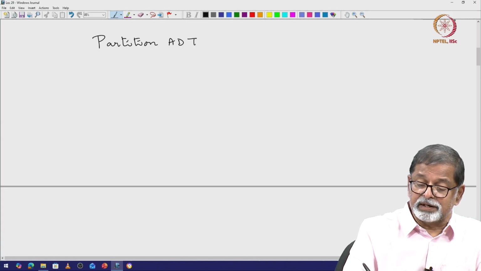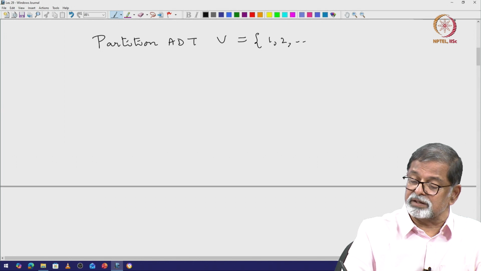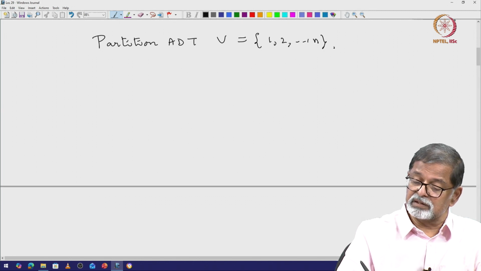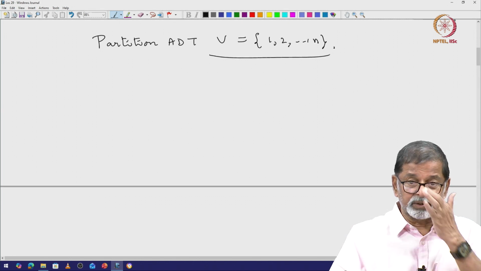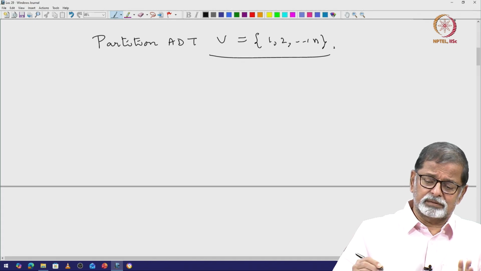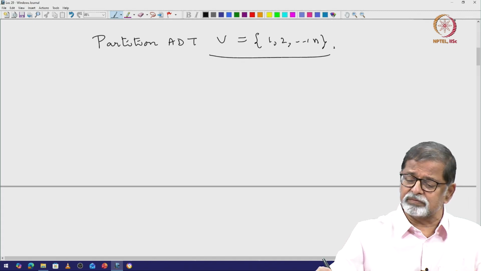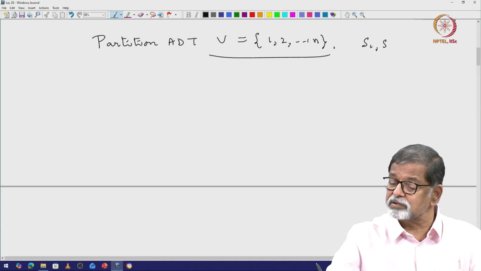So the partition ADT has an underlying universal set. We assume that universal set is 1 to n, and a K partition will have K sets S1, S2, etc., Sk.